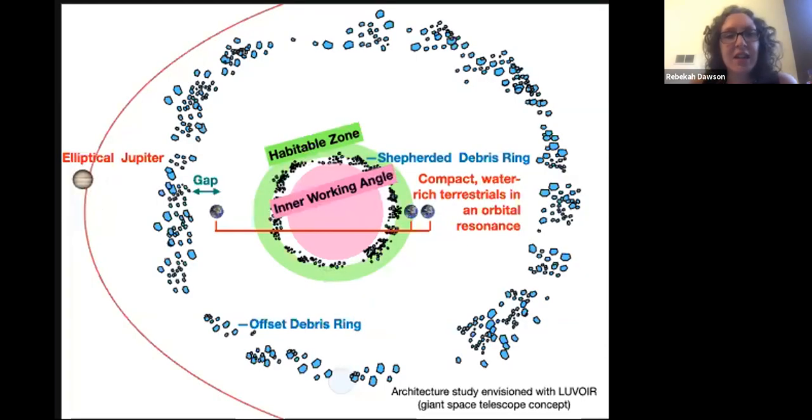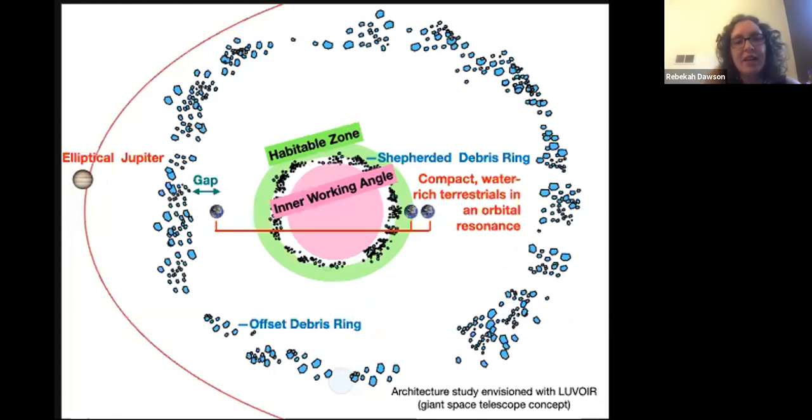So this is a completely made up system where I'm envisioning what that could look like. This is a vision of what we might see with a future giant space telescope. This is a system where we have a planet in the habitable zone, and all the other pieces of the system tell us about that planet's history and habitability.